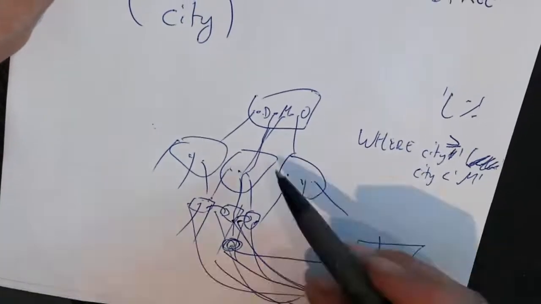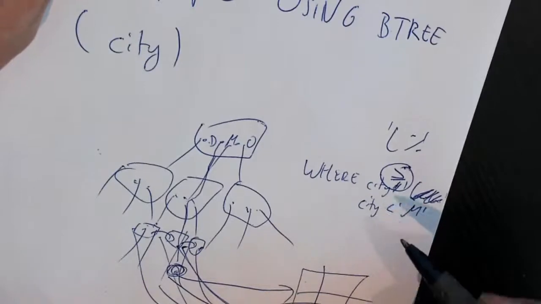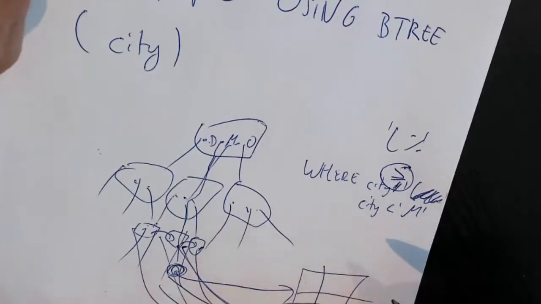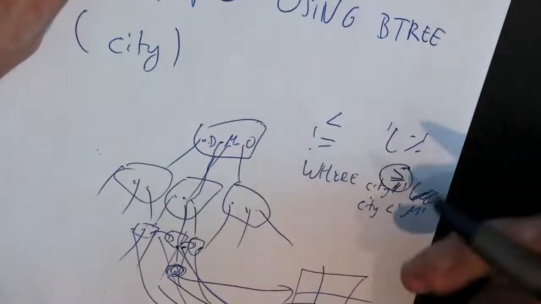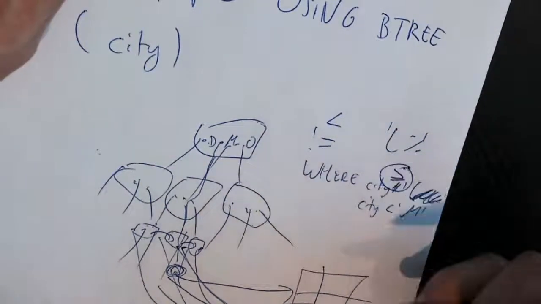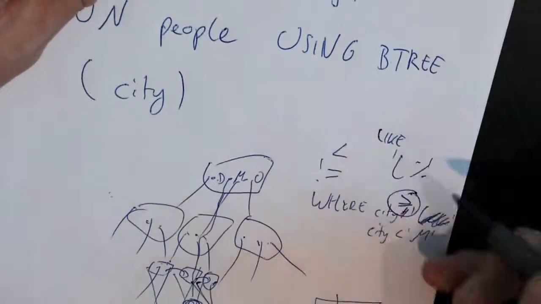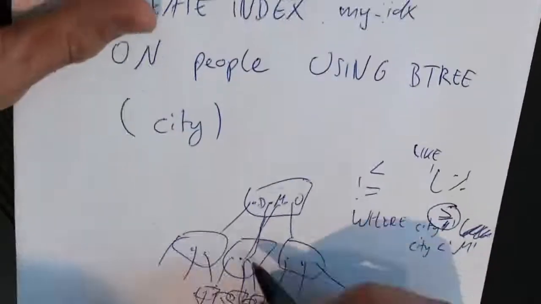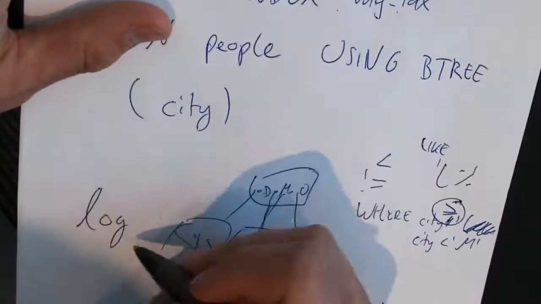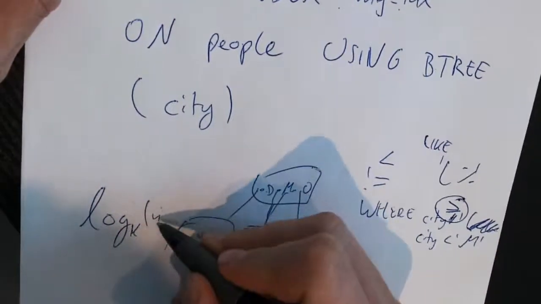So this B-tree does not only support equality, but also greater than, smaller than, unequal, between. Some database management systems also support LIKE with a prefix search and so on. The cost is logarithmic, so logarithm to the base k of n.